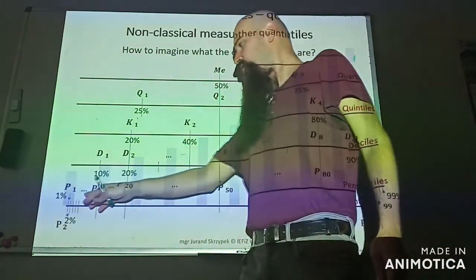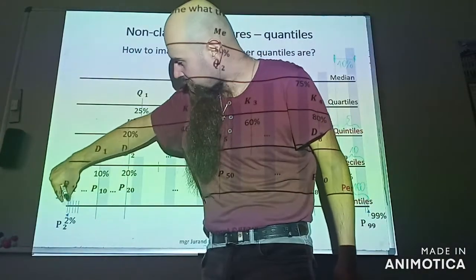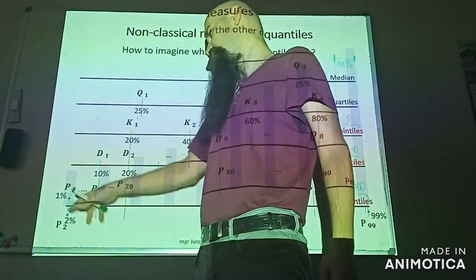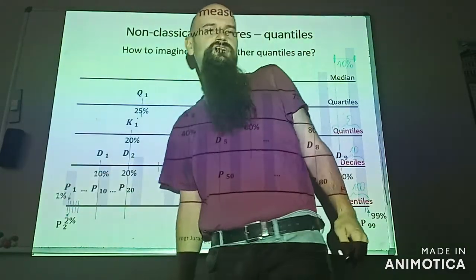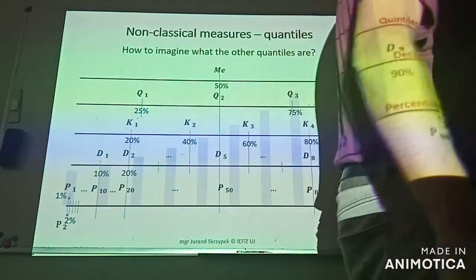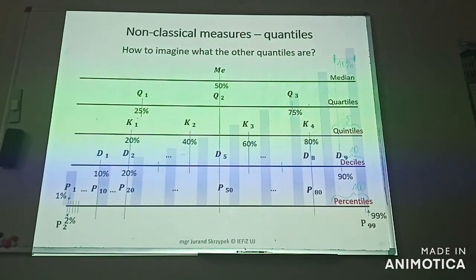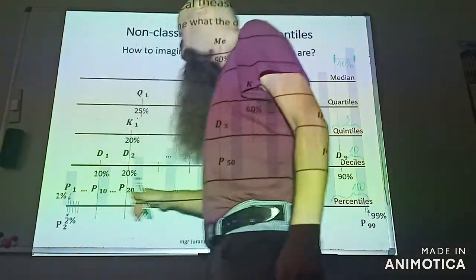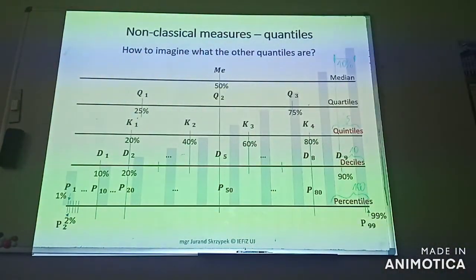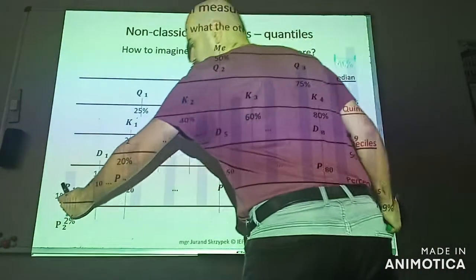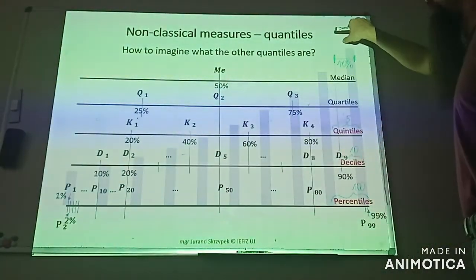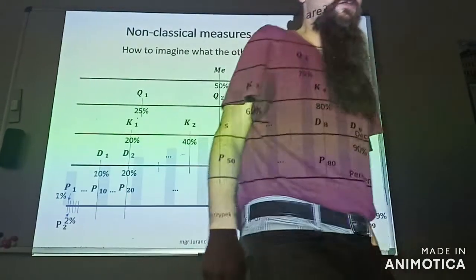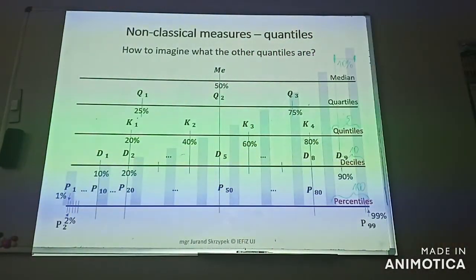The first percentile indicates 1% of the smallest values, and these values are not greater than the first percentile. So here we can show the extreme margin groups of the extreme highest and the extreme lowest values in the statistical series.